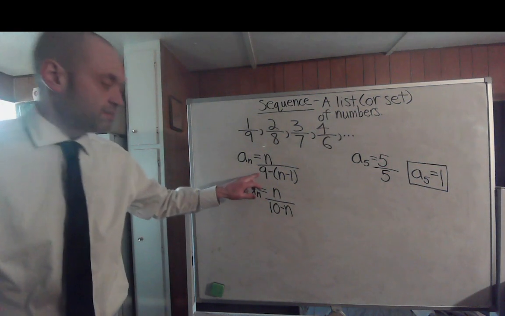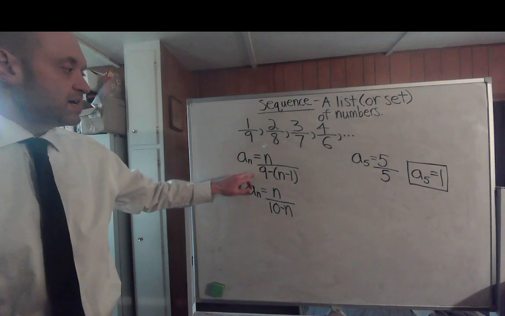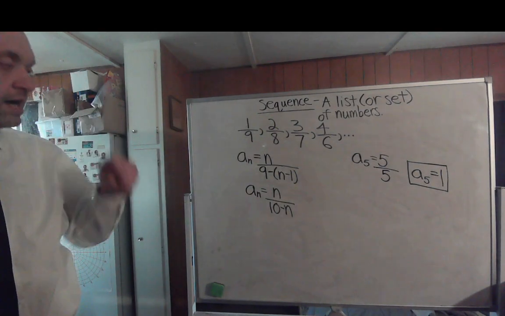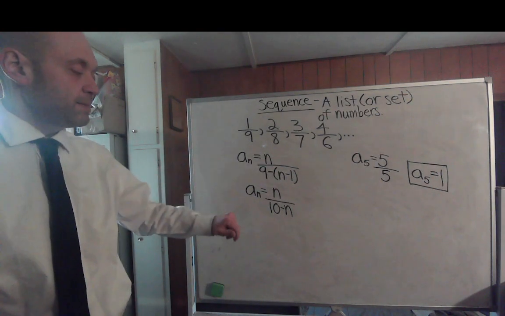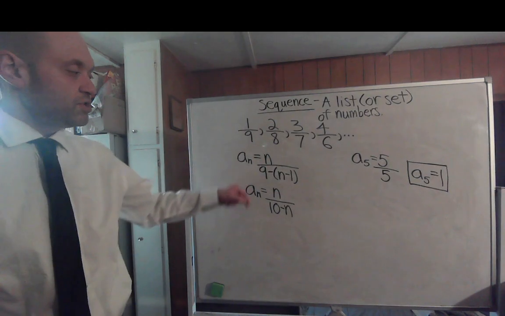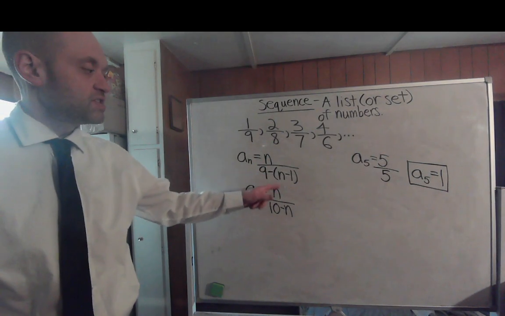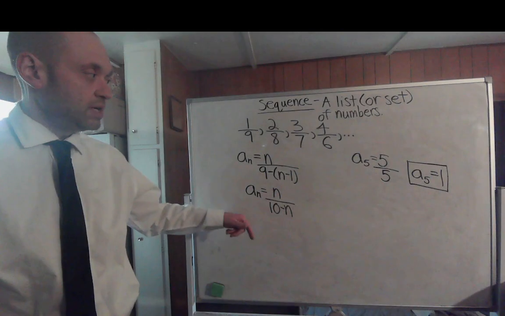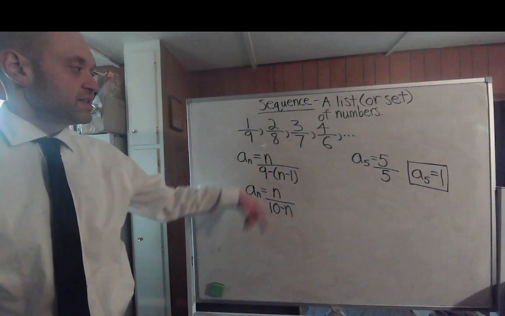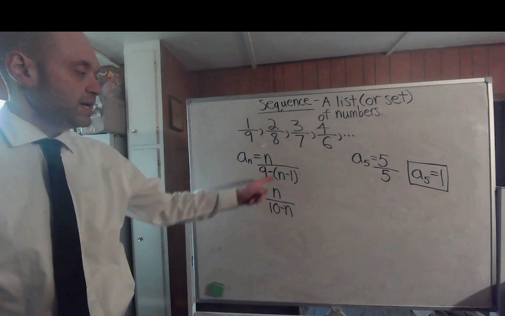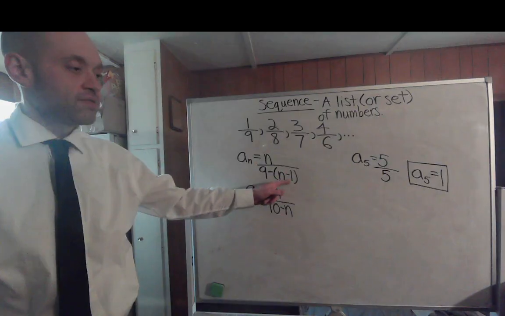Now how do we figure that out? Well, the first term of the denominator is 9. Let's say we wanted to get the second term. I put in 2 in the numerator, and I would get 9 minus the quantity of 2 minus 1. That would give me 9 minus 1, which is 8. For the third term, I'll take 3 over 9 minus the quantity of 3 minus 1.